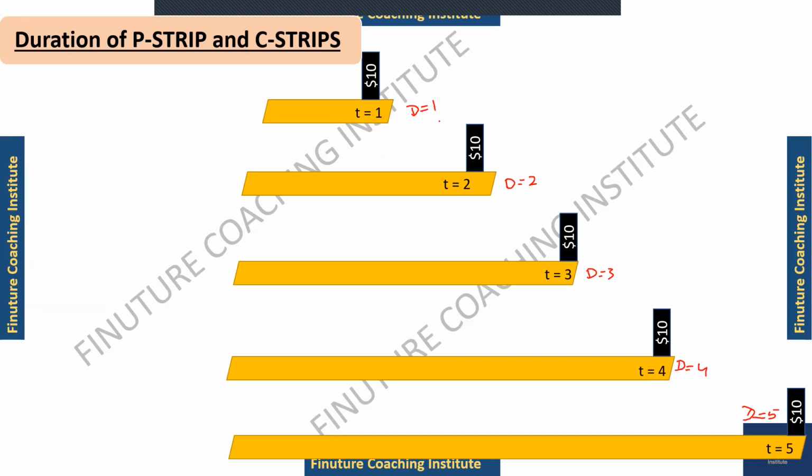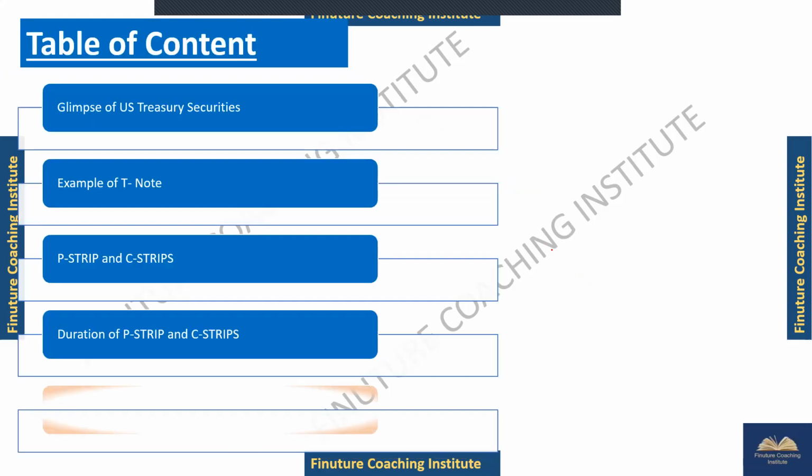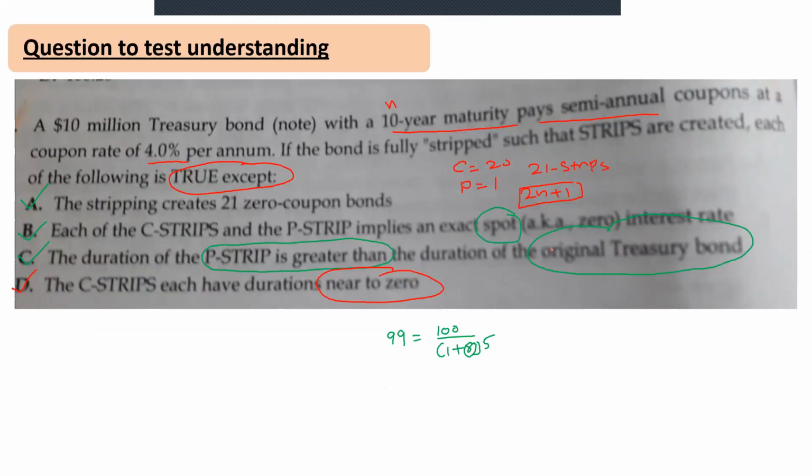So the duration won't be zero. The duration would vary for each C strip, and it won't be zero, because for a zero coupon bond, duration is equal to maturity.